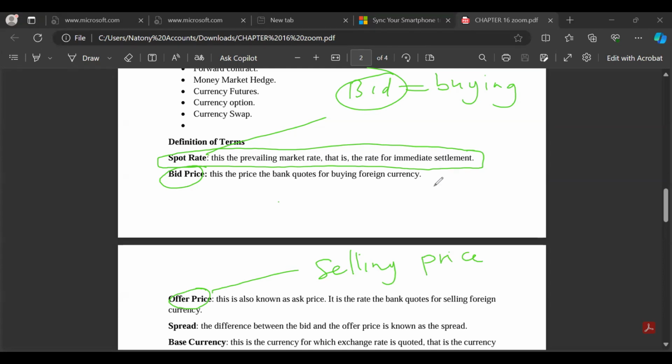The spread. So you will see something like this, let's say 1.200 to 1.2003 for the pound sterling.